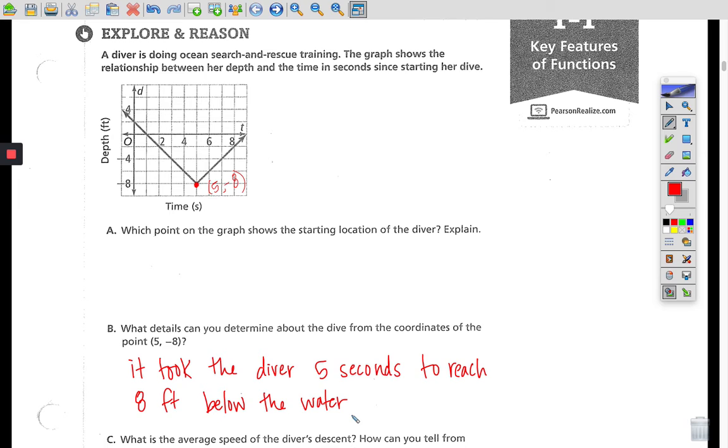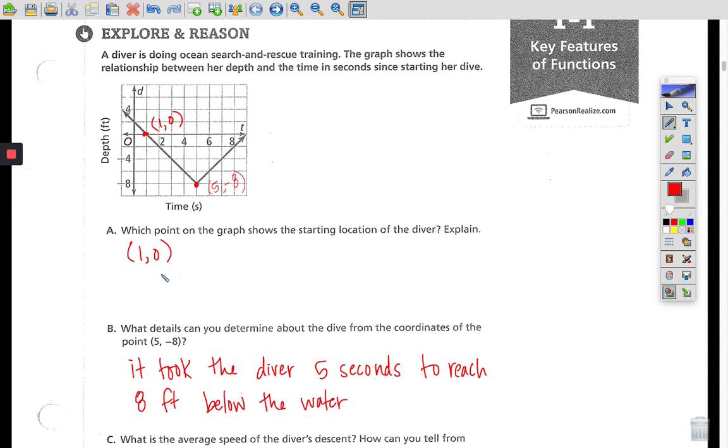All right, which point on the graph shows the starting location of the diver? Would that be right here when she's on the surface? Yep. So that point would be at 1, 0, correct? Explain.